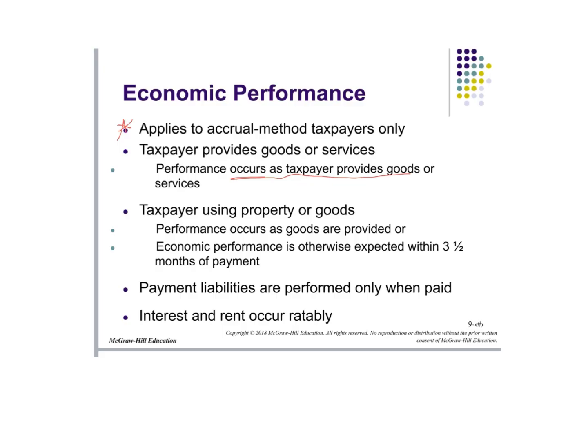If the taxpayer is using property as goods, performance occurs when goods or services are provided, okay, or economic performance is otherwise expected within 3.5 months of payment. All right? Payment liabilities are performed only when paid, and interest and rent occur ratably. Again, interest and rent. Okay, remember, interest and rent disobey all the rules for the other methodologies we've talked about.